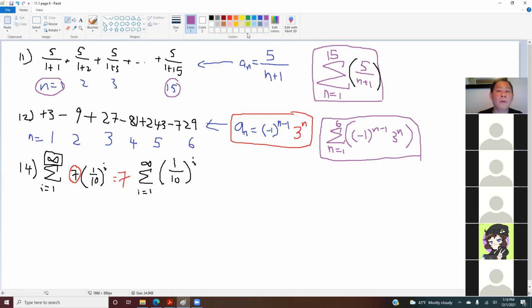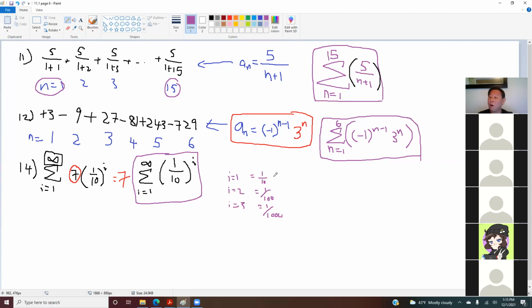Okay. Now, for this, if you look at the sum, let's say you put i equals 1, you get 1/10, right? If your i is 2, you square it, you get 1/100, because 10 times 10 is 100. And when you do 3, you get 1/1000, because it's 10 times 10 times 10.